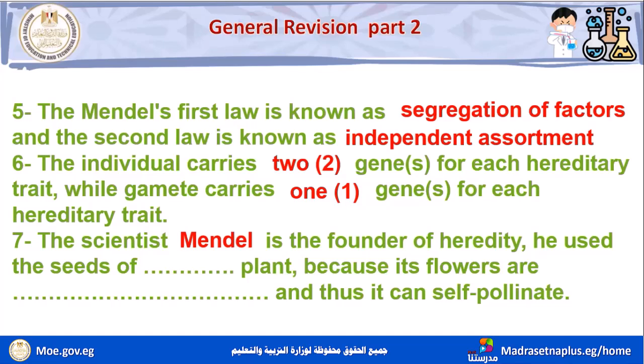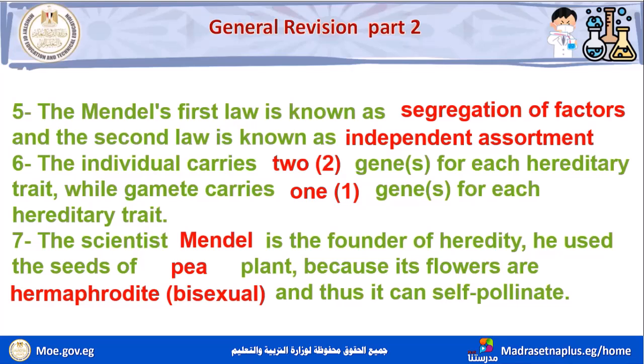He used the seeds of pea plants because its flowers are hermaphrodite or bisexual, and thus it can self-pollinate.